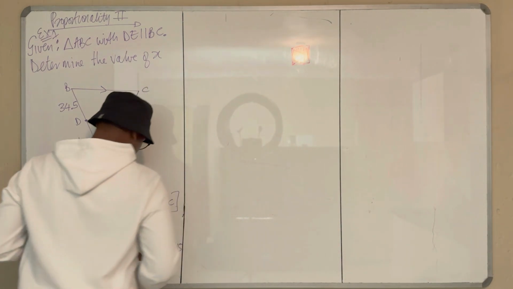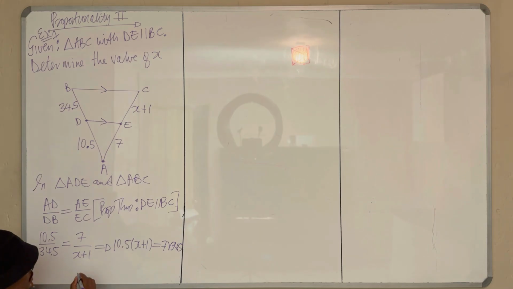So in that case, here we'll have 10.5x. This times this to be 10.5x, plus 10.5 is equal to, what is 7 times 34.5? It's 241.5.